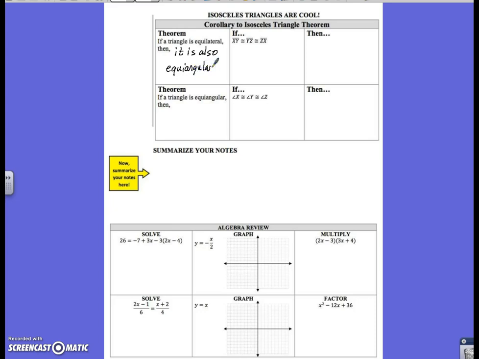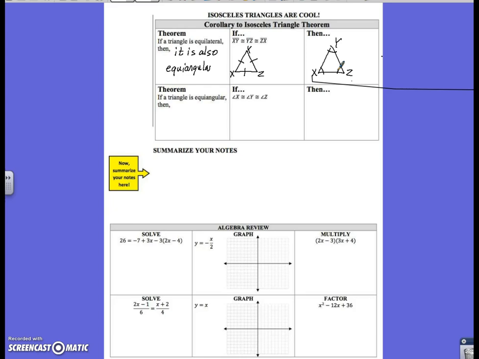So in other words, if we look at these, and this is x, y, and z, if xy is congruent to yz, congruent to zx, then what has to be true in that same triangle x, y, z? Then angle x has to be congruent to angle y, has to be congruent to angle z.